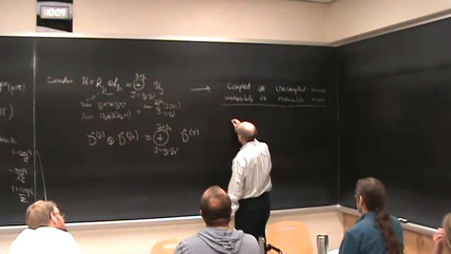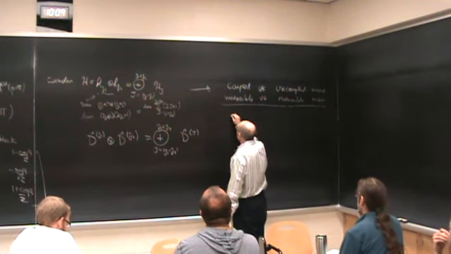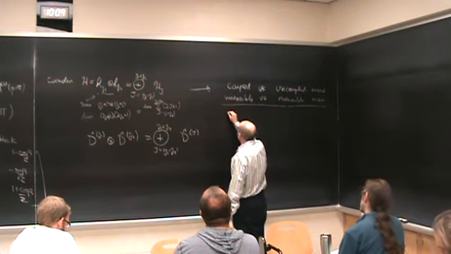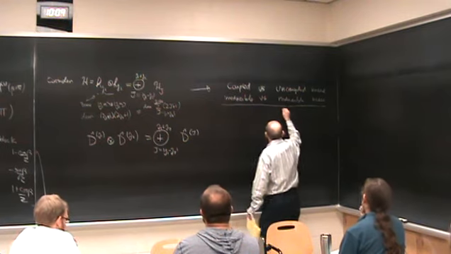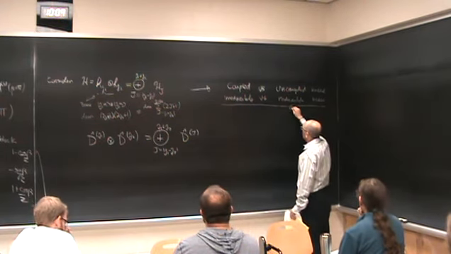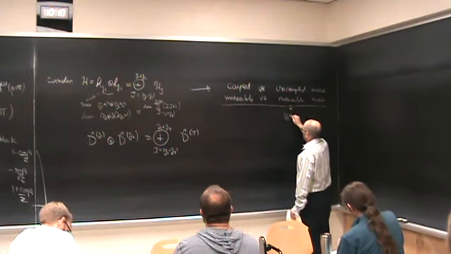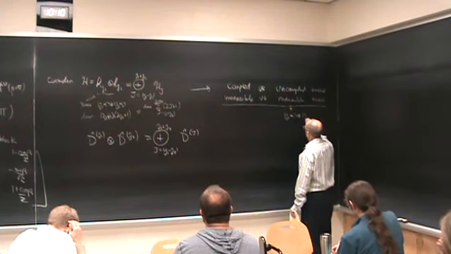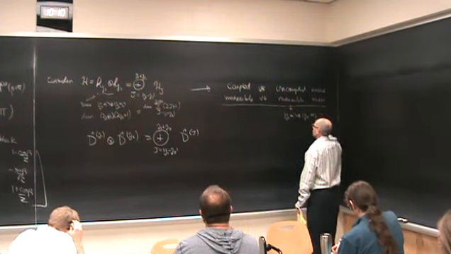So what do we have? What this says, there are two bases. The reducible basis is the tensor product of the two bases.